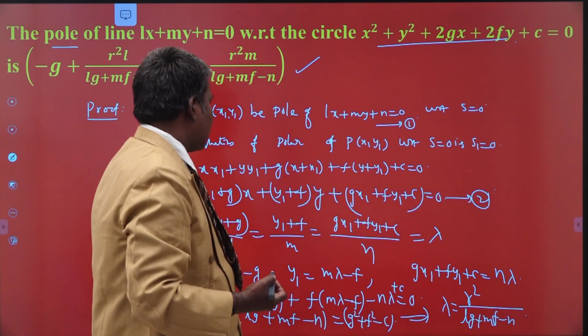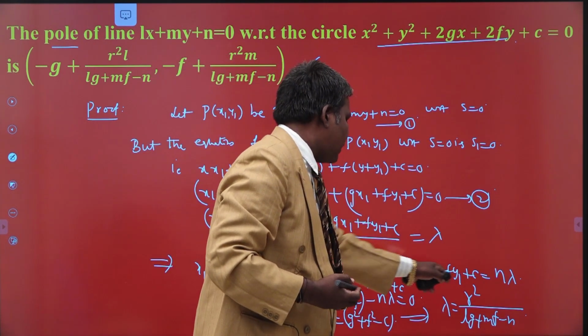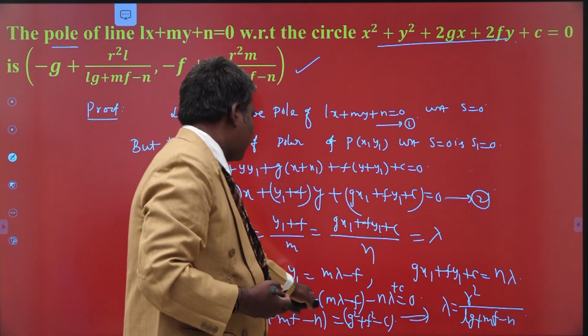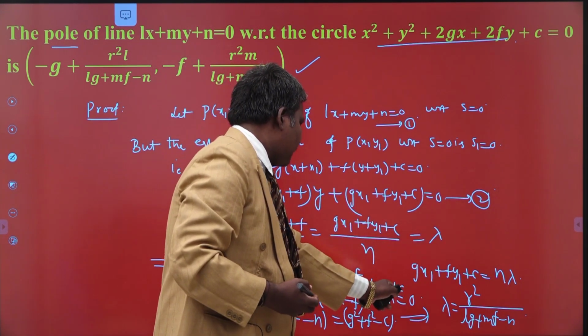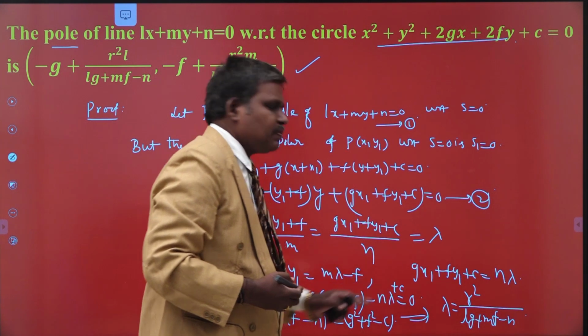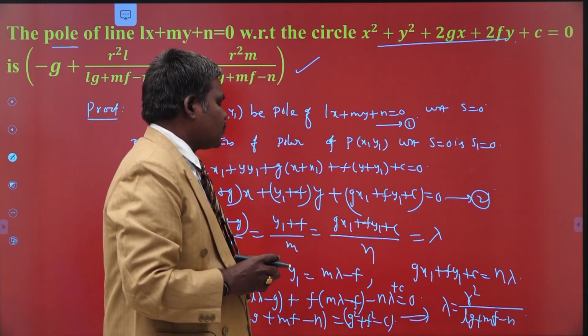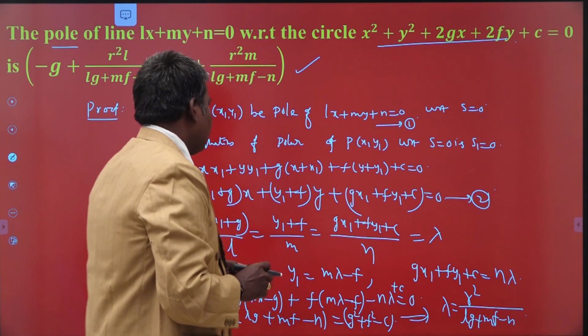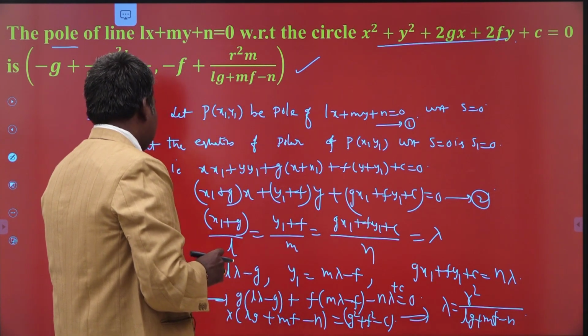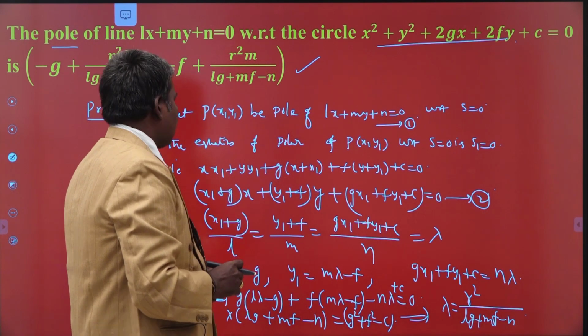G times of this, f times of this one, minus N lambda, already plus c is there. So you have the lambda value as r square by (Lg plus mf minus n). You just keep the value of lambda here itself, in x1, y1, we get the pole.